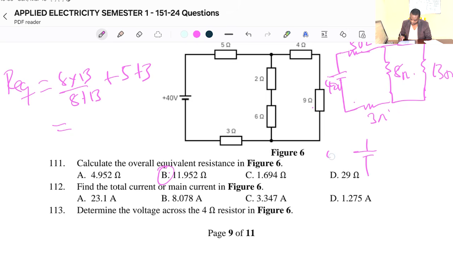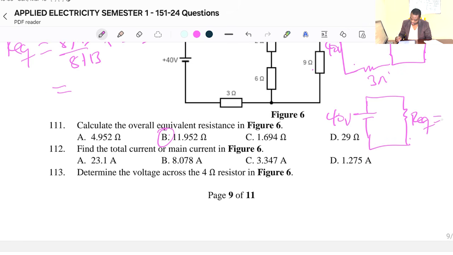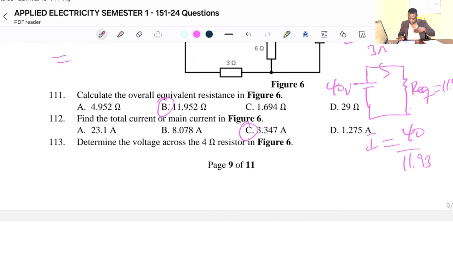Remember, we have 40 volts and our equivalent resistance of 11.95 ohms, and that will give us a current equal to 40 divided by 11.95. So 40 divided by 11 point something will be 3 point something. So the answer here will be C, right?